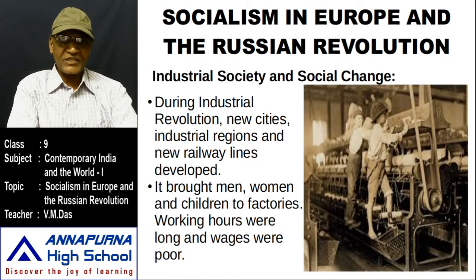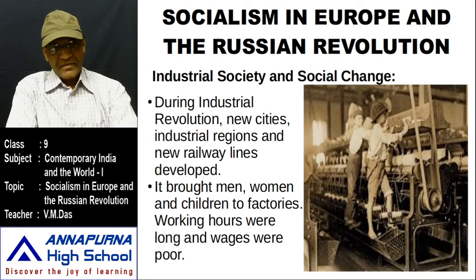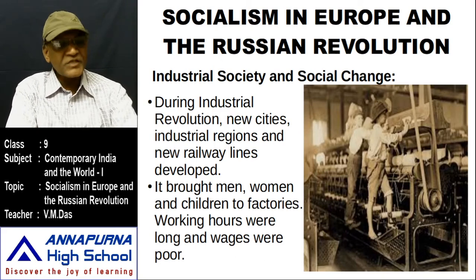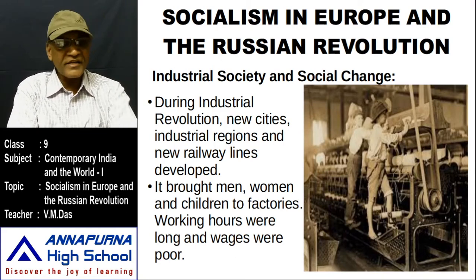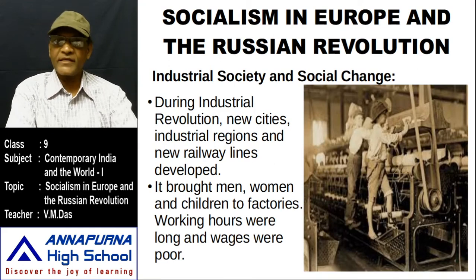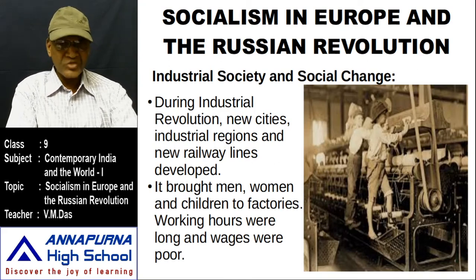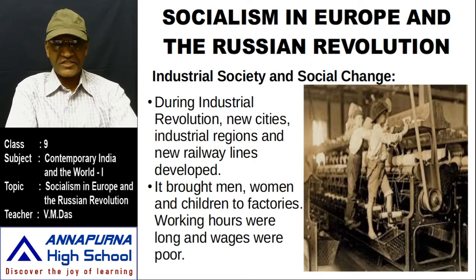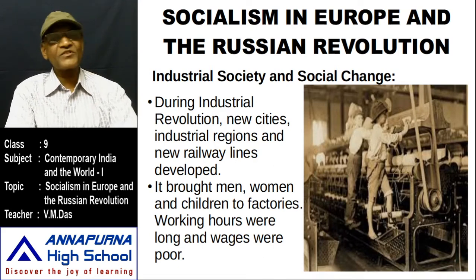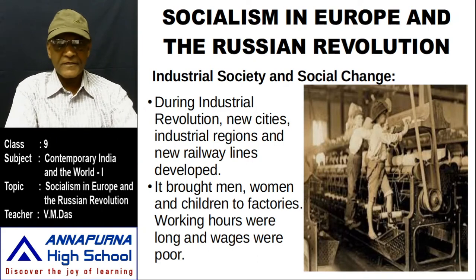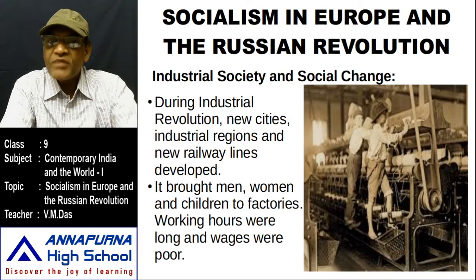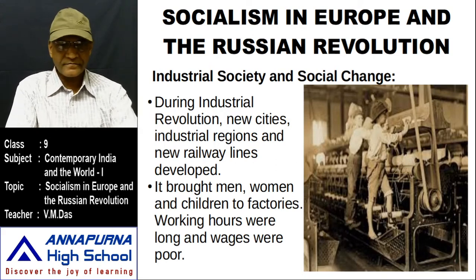So a lot of changes took place in Europe as a result of the industrial revolution that started in Britain. New cities sprang up, new industrial regions came up, and new railway lines developed. These are the outcomes of the industrial revolution that took place in England.